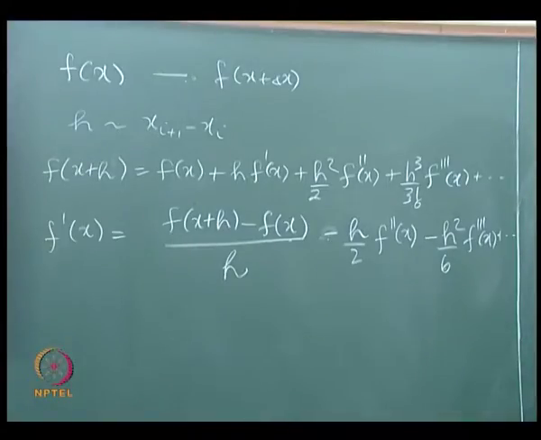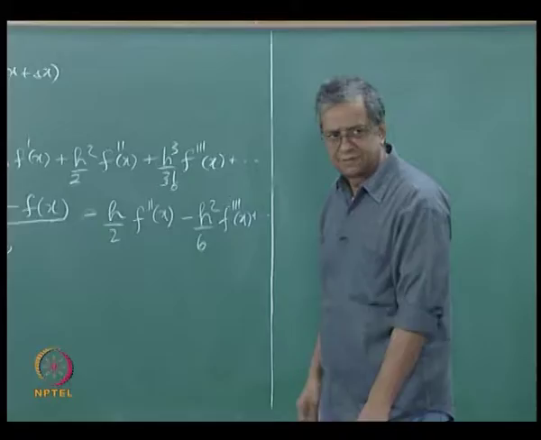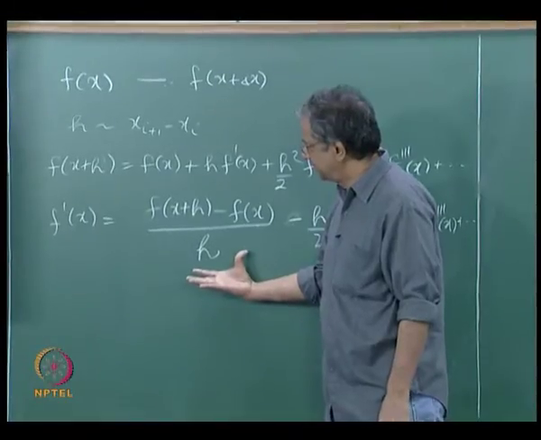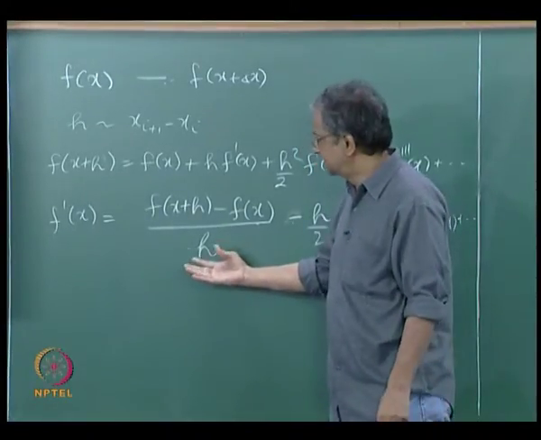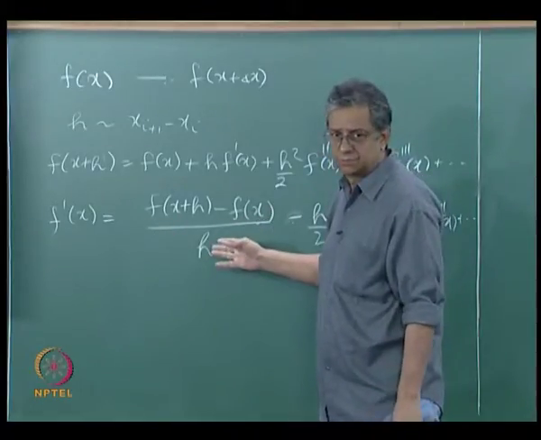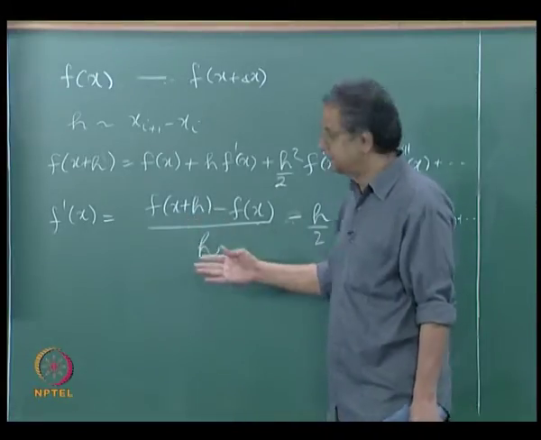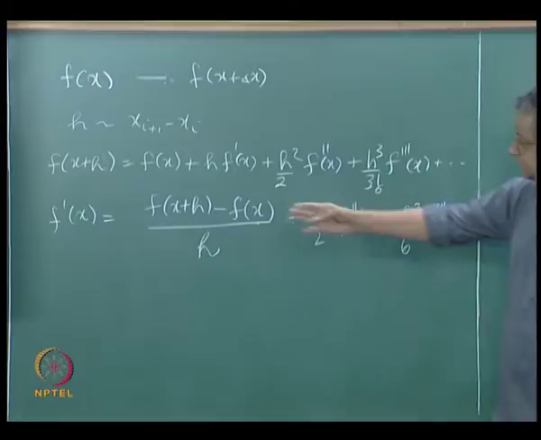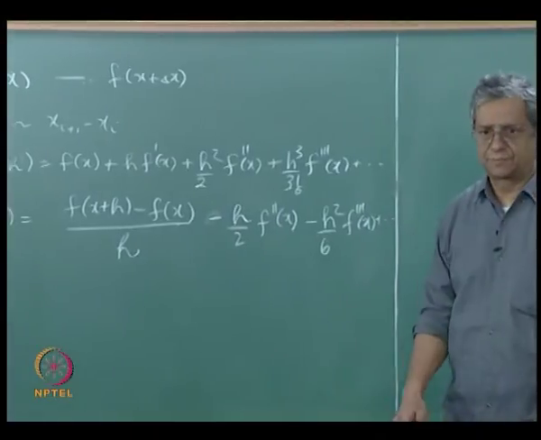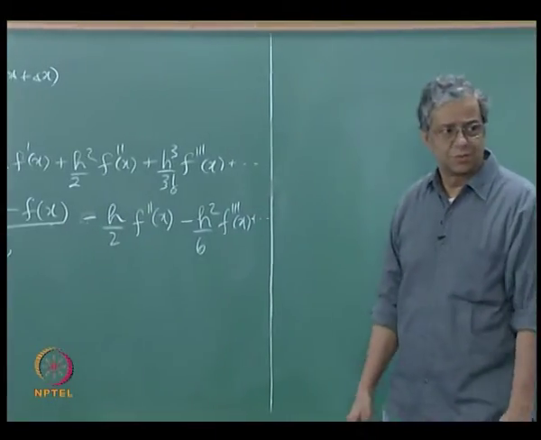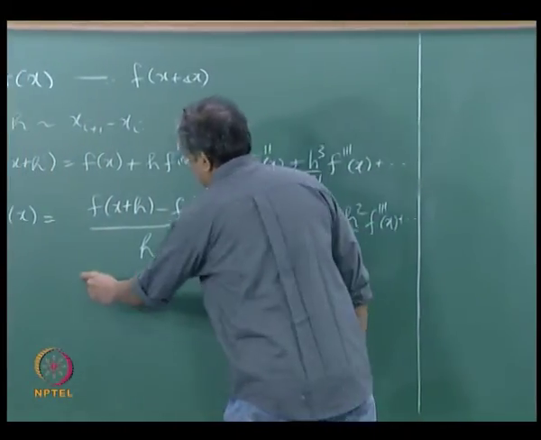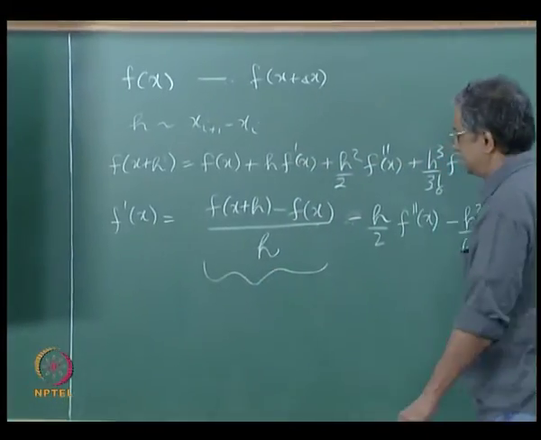If you think about one of the definitions you have seen of actually calculating the derivative from first principles using limits, you would have seen that f of x plus h minus f of x divided by h, in the limit h going to 0, is the definition of the derivative, and all of these terms will go to 0 and you will get the derivative. That is an infinite process, a limiting process. We do not go through the infinite process, so we stay with the finite process, and therefore this is called the finite difference. So we have a finite difference approximation for the first derivative.